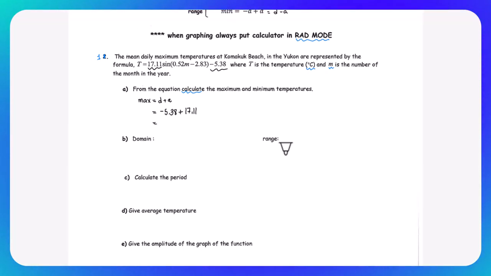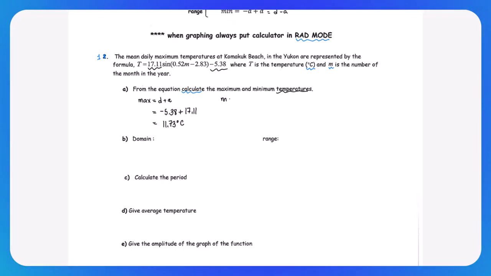Putting that in our calculator gives us 11.73. That's in degrees Celsius because this is a temperature. So that's our maximum temperature.